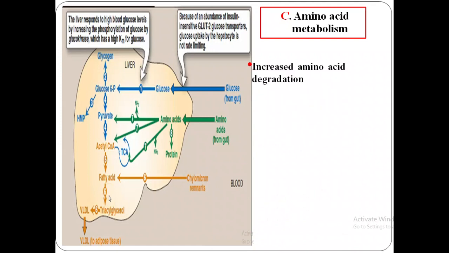In the absorptive state, we have a large amount of amino acids present in the liver, which can be used for the synthesis of protein and other nitrogen containing molecules.